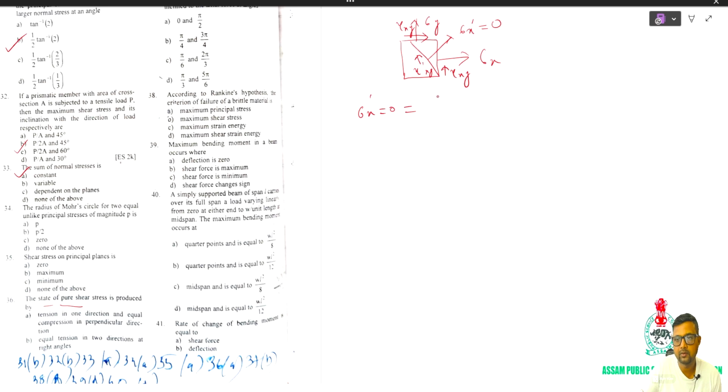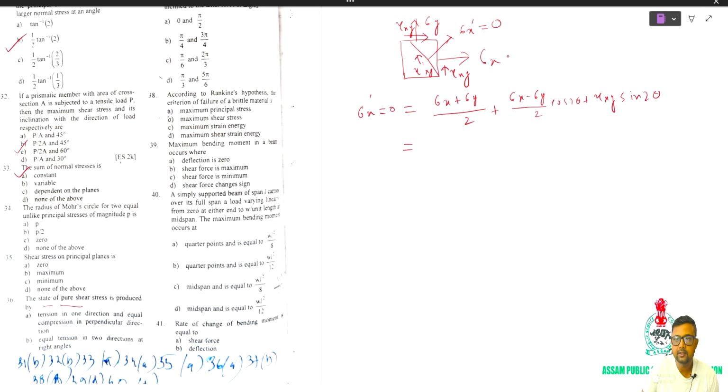Now what is the formula for sigma x dash? Sigma x plus sigma y by 2 plus sigma x minus sigma y by 2 cos twice theta plus tau xy sine twice theta. Now if we want to make this 0, let us make each term individually 0. To make this term 0, tau xy has to be 0.